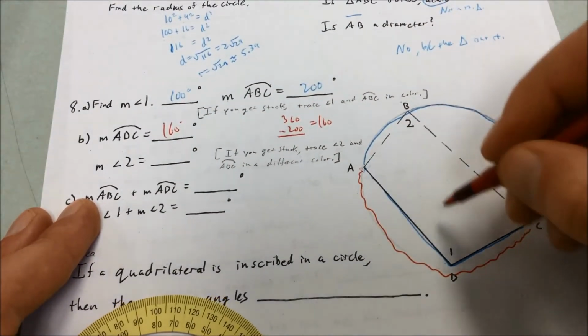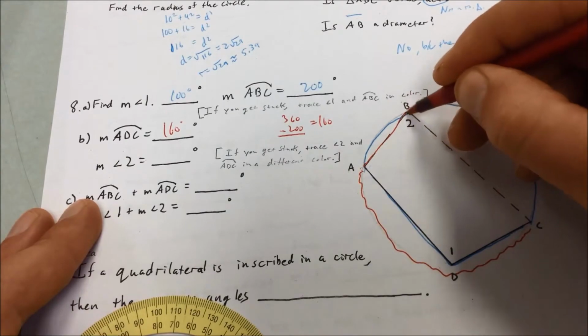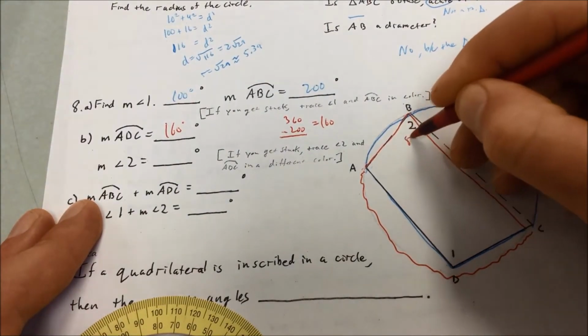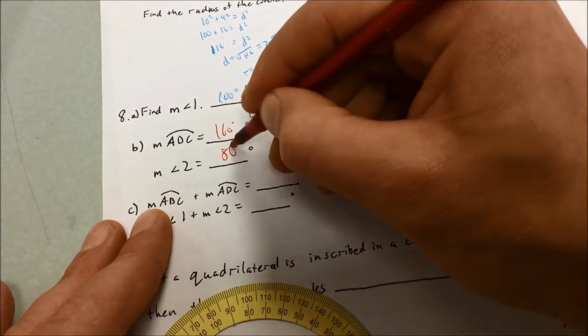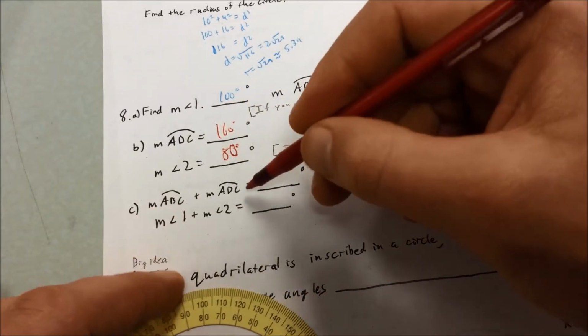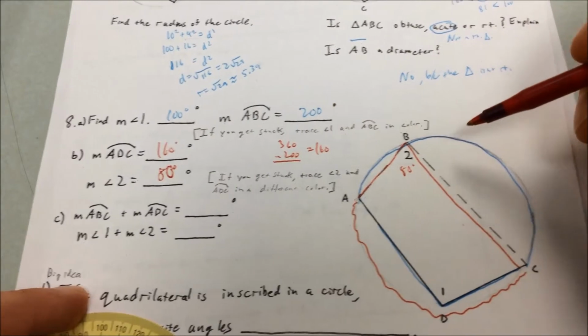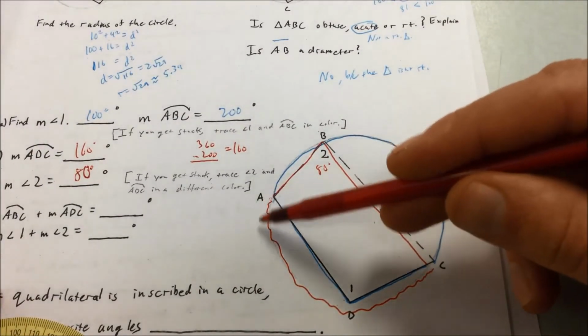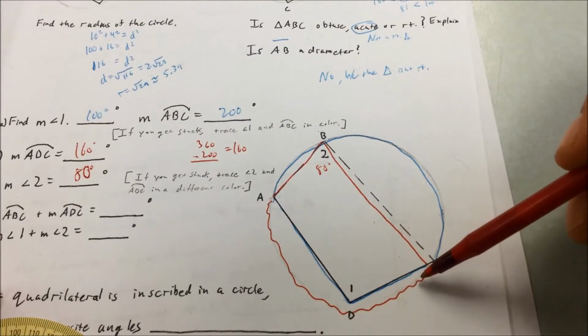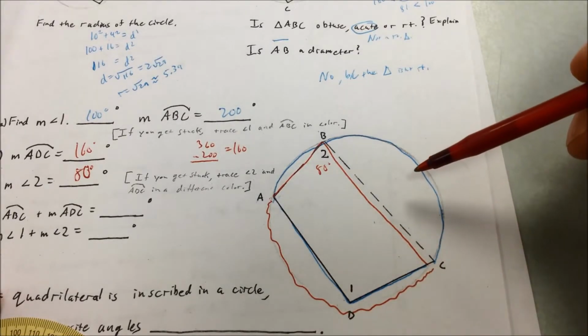So if that's 160, then the angle that hits it is half. So that should be 80 degrees. Now we know that the two arcs ABC and ADC, those are going to add up to the full circle.